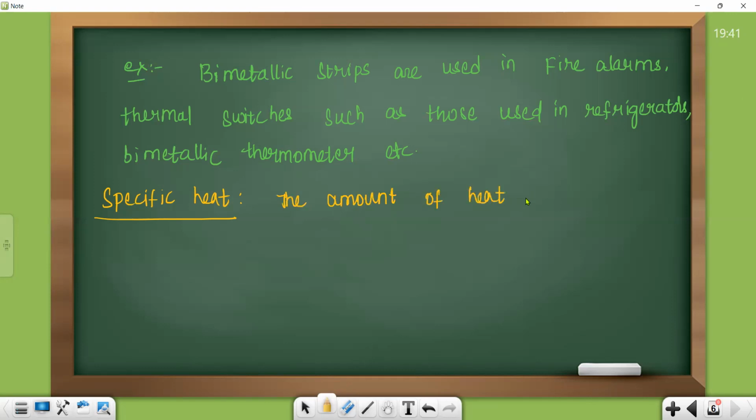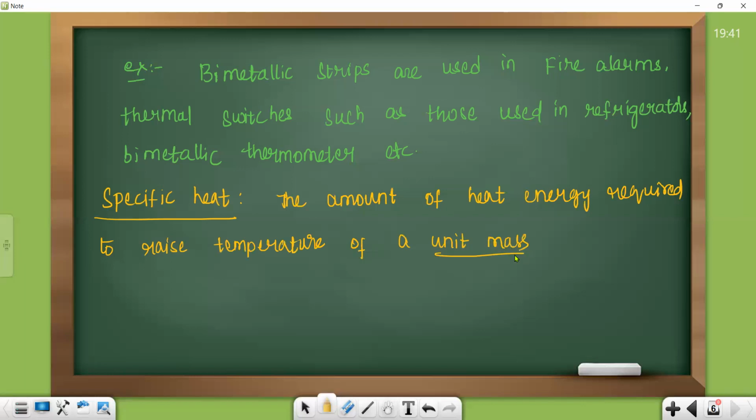So the definition is: the amount of heat energy required to raise the temperature, but we have to tell it specifically, of a unit mass of substance. Here, what is mentioned, students? Unit mass you have to consider.